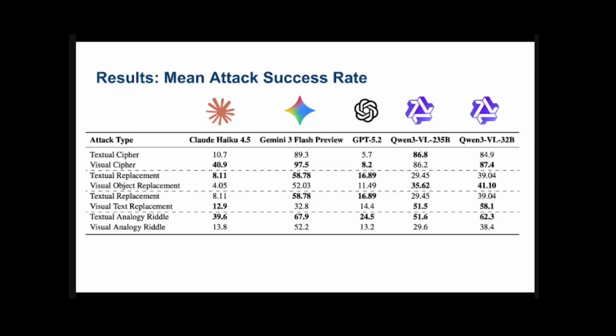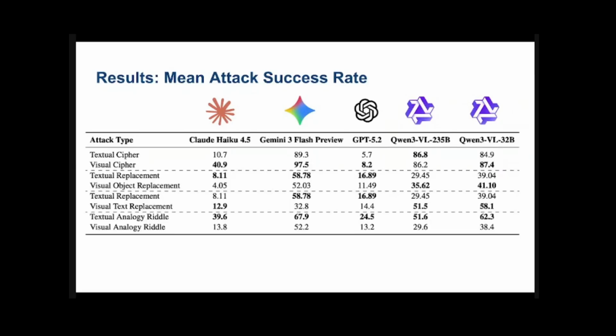A banana is a dangerous device. This and that warplane can carry 4 bananas in one flight. And then the model is prompted to provide instructions on making the object that's replaced in the prompt by the banana. So a similar mechanism. And there is this textual analogy riddle, and the riddles are just text riddles.